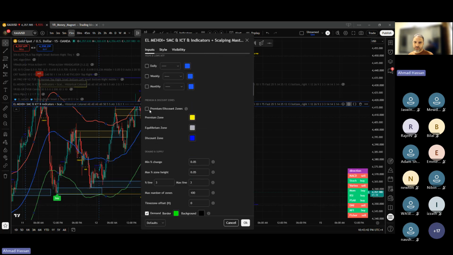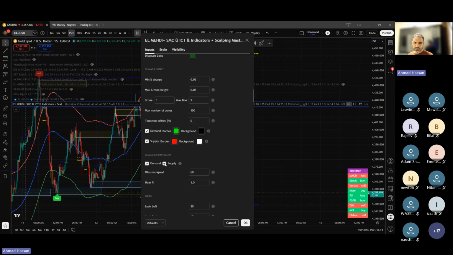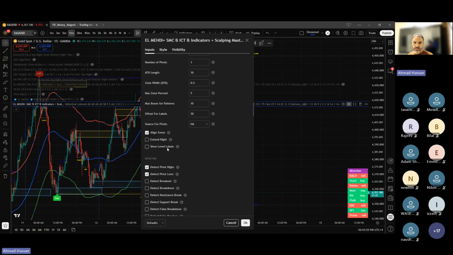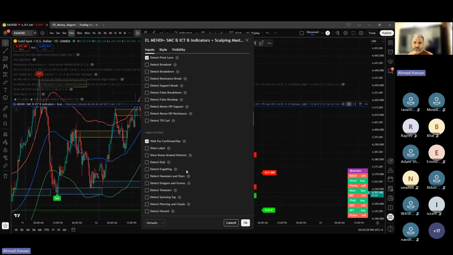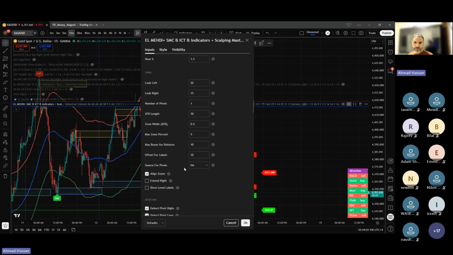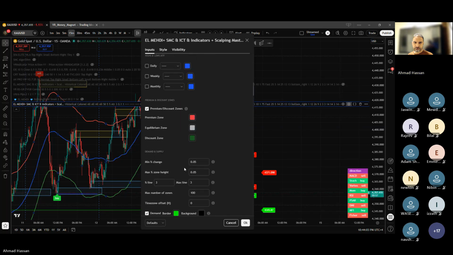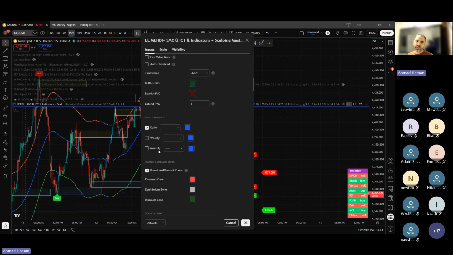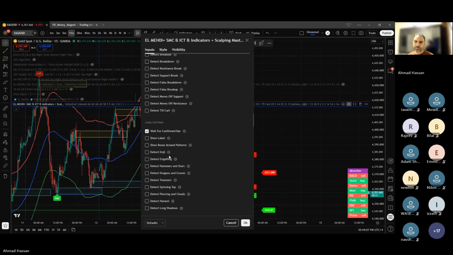I want just the premium zone, and you can change it to red. Equilibrium is right, we'll do the green here. Demand and supply you can show, but I don't want to show the demand and supply, or align zones. Pivots, fine. And daily high and low, this is important.